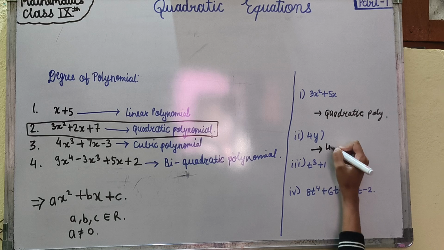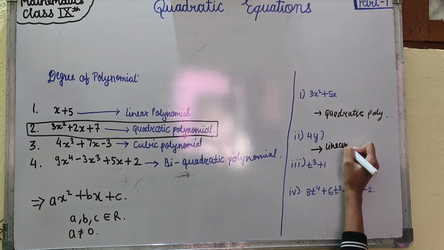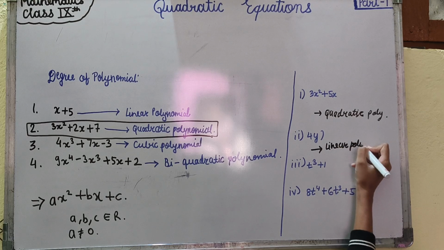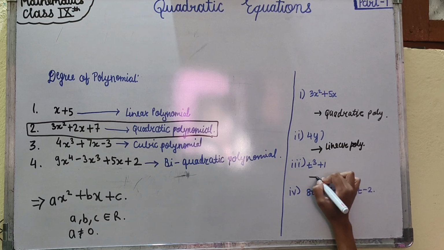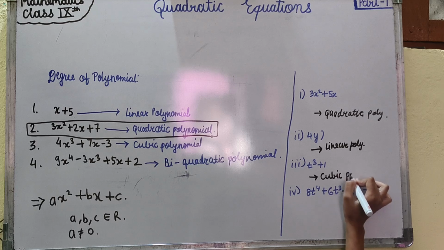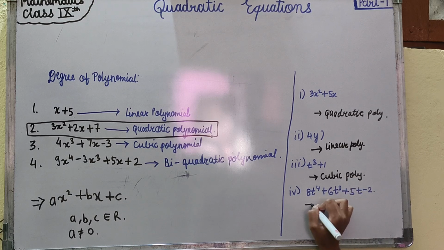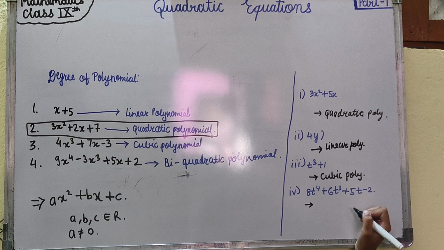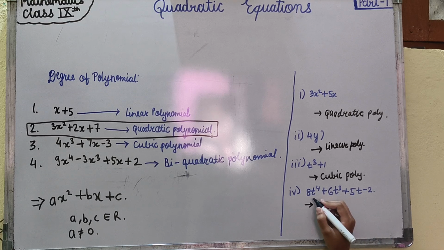That means it is linear polynomial. t cube plus 1, that means it is cubic polynomial. And 8t raised to 4 plus 6t cube plus 5t minus 2, the highest power is 4. That means it is biquadratic polynomial.